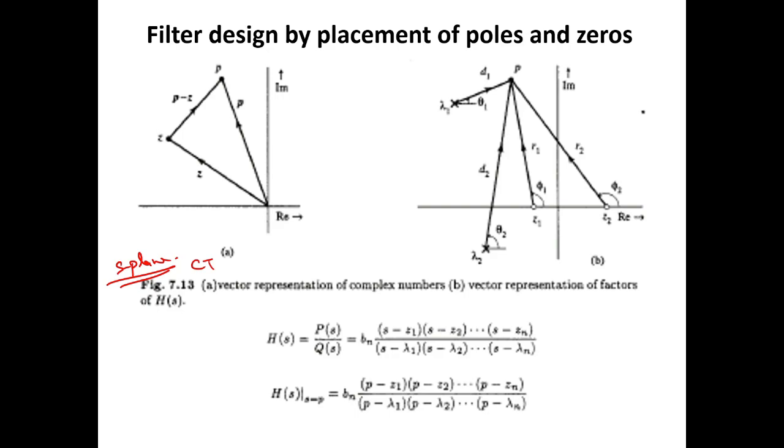Suppose this is an S plane, I have a point Z in the plane, and another point P. Now this Z is a vector, this P again is a vector. So what do you say about the distance of Z to P? Z to P is also a vector, where Z minus P is the vector.